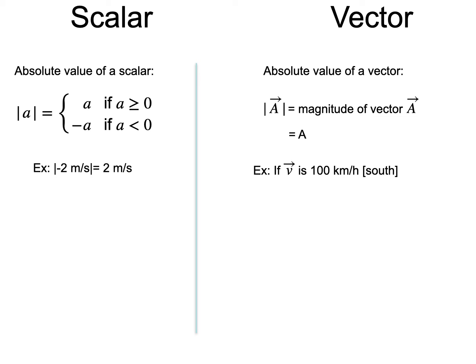If the vector v is 100 kilometers per hour [south], then its absolute value, which is the same thing as its magnitude, is simply 100 kilometers per hour. Please note that once the vector v is being used, the unit vector that uses the same variable only keeps the direction but changes the magnitude to 1.